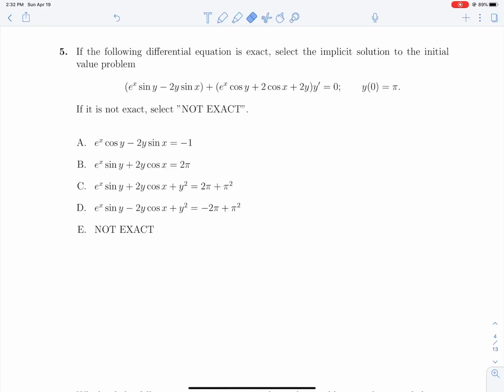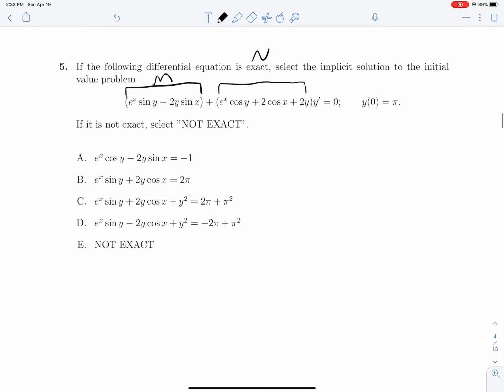So if a differential equation is exact, we have some expression m here and some expression n here, where m is by itself, n is multiplied by y prime, where m is the partial derivative with respect to x of some function psi. I'm pretty sure that's the letter psi. I really should look it up. And that n is the partial derivative of that function with respect to y.